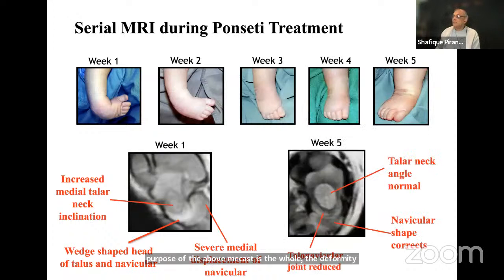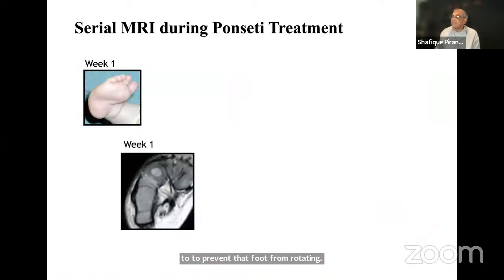So then you must have a technique. If we are stretching these ligaments on this side to get the foot from this position to this position, how is a below knee cast, which is circular in this area, going to prevent that foot from rotating?